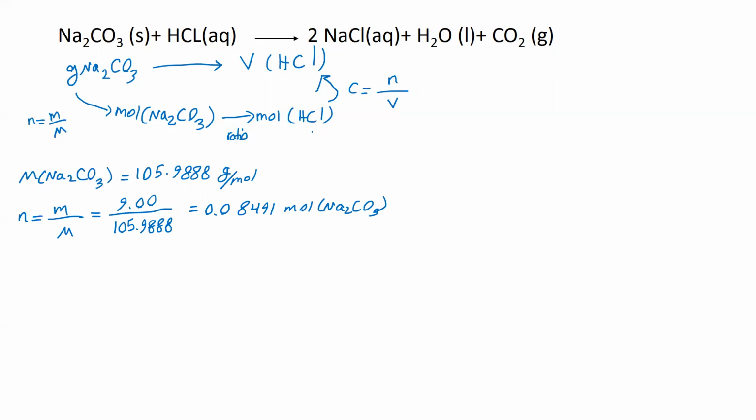Step 2 is finding moles of HCl using the coefficients in the balanced equation. So I write Na2CO3 because I have the number of moles for that, and its ratio with HCl. As you can see in the balanced equation, the ratio is 1 to, let's see, if we balance this one it should be 2. So the ratio is 1 to 2.